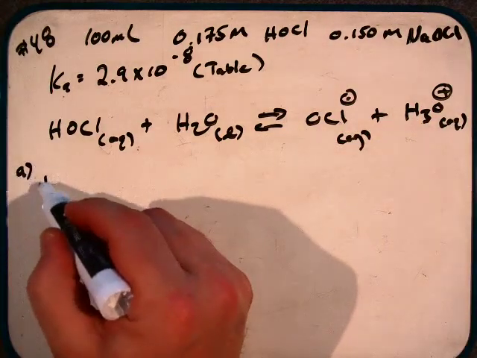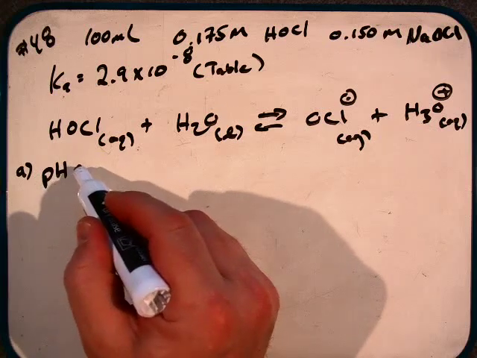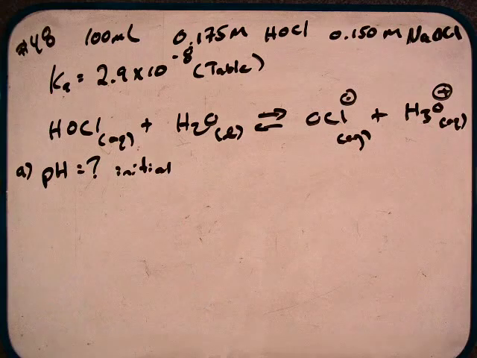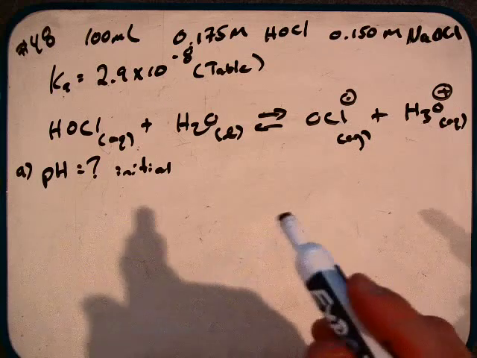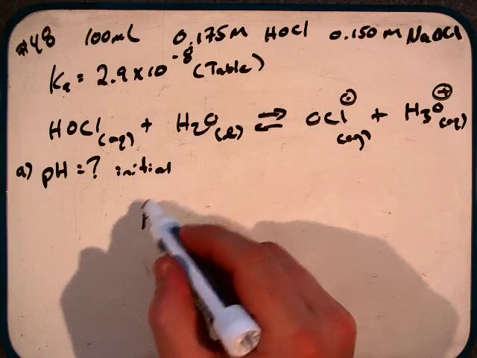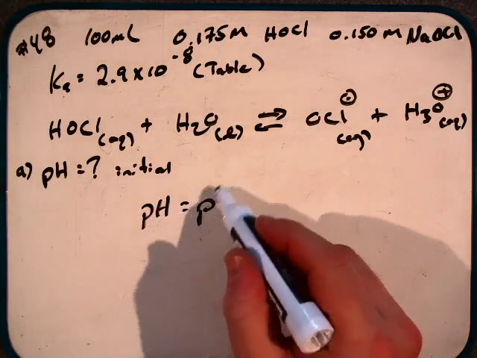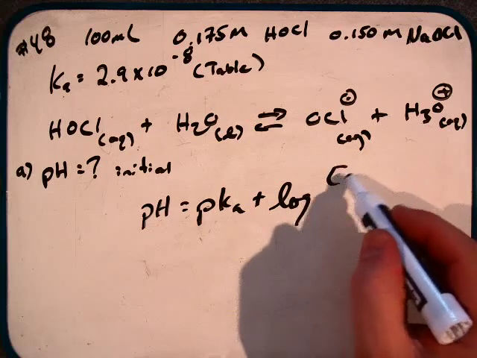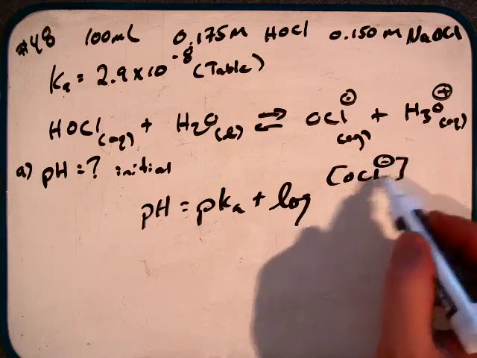The first question is asking us, what is the pH initial? Essentially, we have these two concentrations of acid and conjugate base. What is the pH? And so I'm not going to use the ice table, which you can, but again, we can simply use the Henderson-Hasselbalch since this is a buffer.